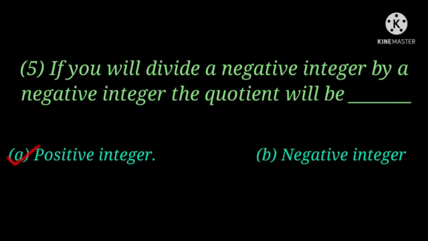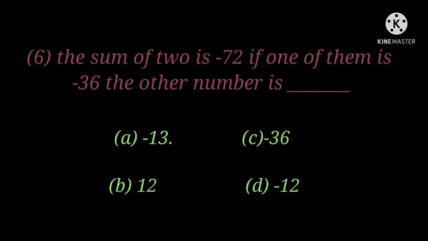When you multiply or divide two integers of same sign, the result is always positive. Once again I will repeat. When you multiply or divide two integers of same sign, the result is always positive. And if they are opposite signs, the result is negative. Now let us see one more question.